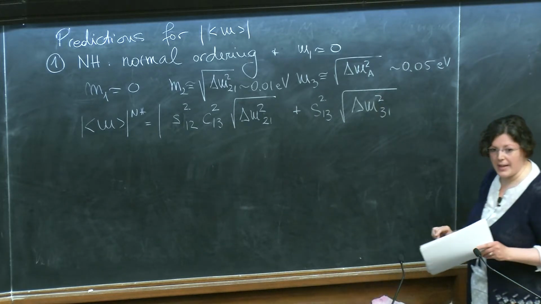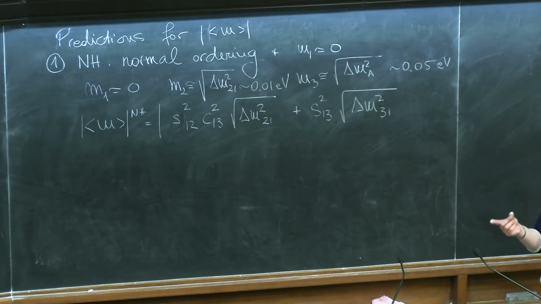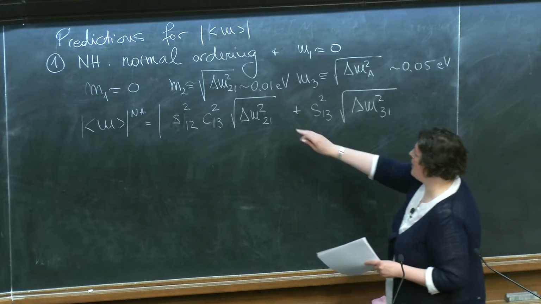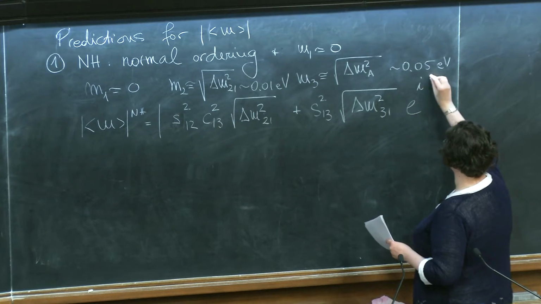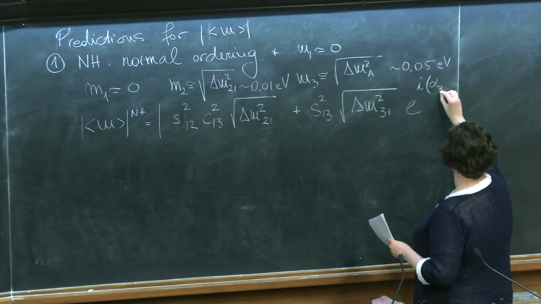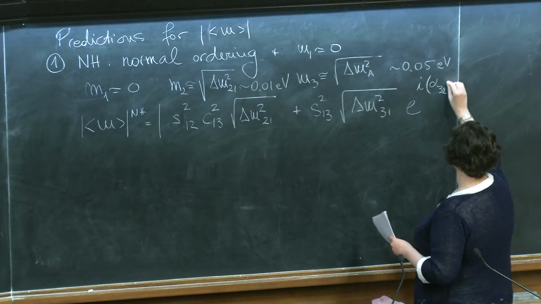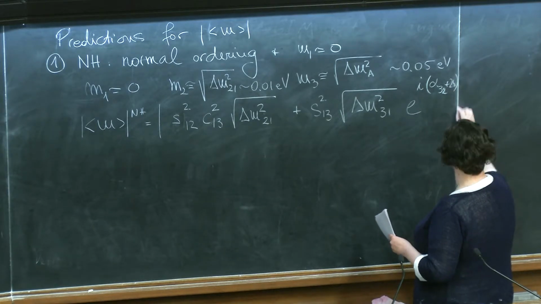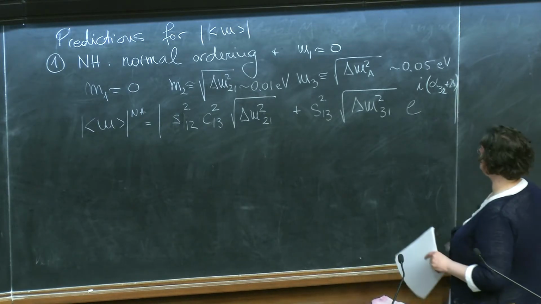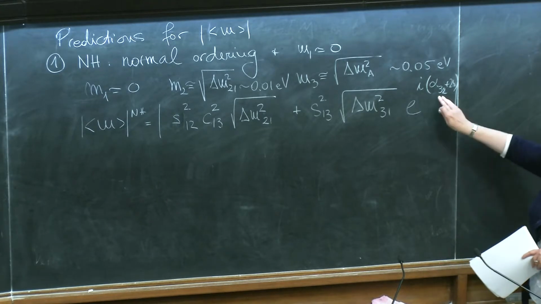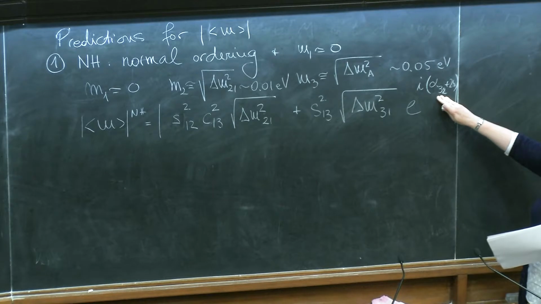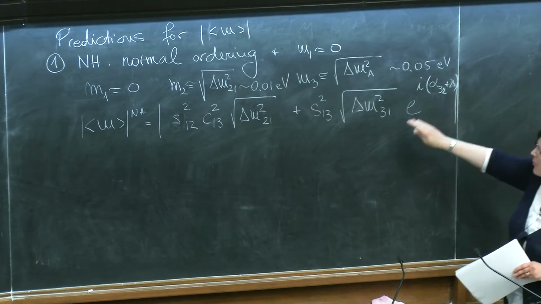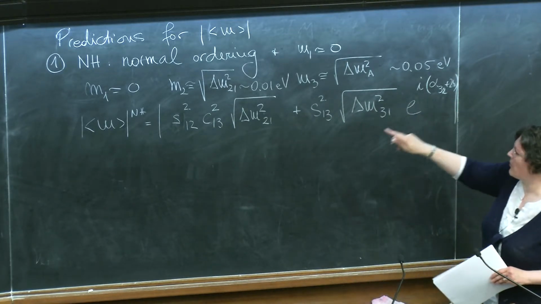But I have also the phases. I'm just taking squares, not modulus squared. So I will have a phase here, but I look at the phase difference. So I will have here an e to the i alpha 32, actually plus 2 delta. So at most, the extremes of this phase could be either 0 or pi. 0 gives me a plus, and pi gives me a minus.